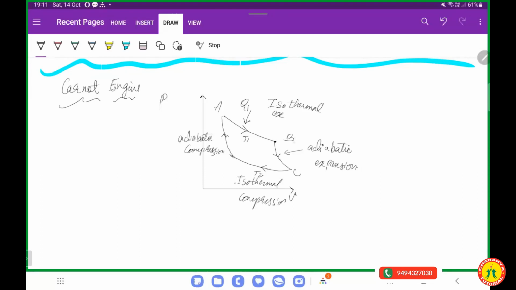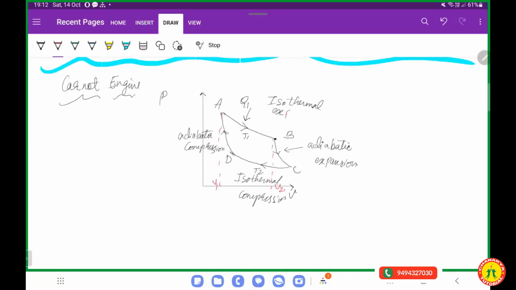So let's give a name A, B, C, then here D. This is your volume change from V1 to V2. This is isothermal expansion, adiabatic expansion because volume is changing, expanding. Here volume is compressing.